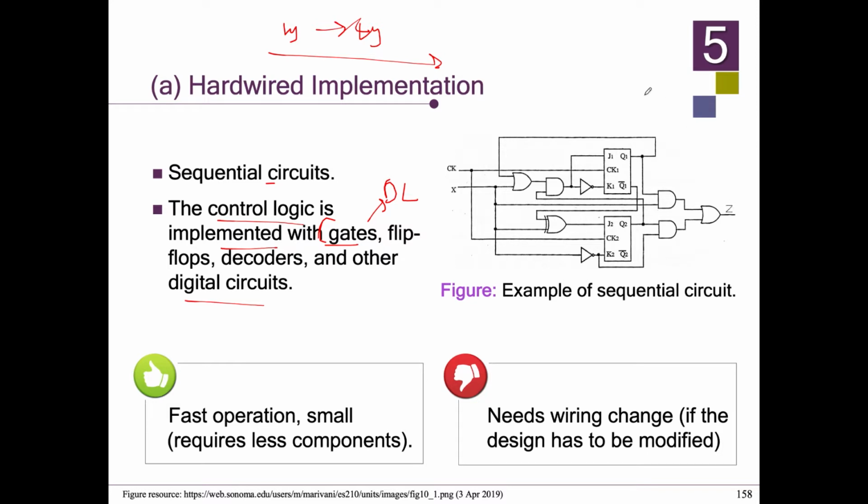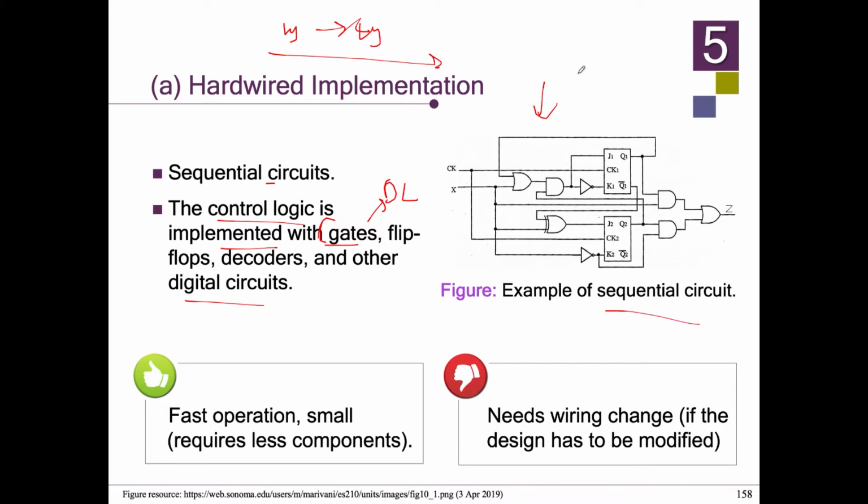So here is an example of your sequential circuit. No need for me to explain more because this is just an example, and throughout your studies you have already looked into this kind of sequential circuit and many other kinds.